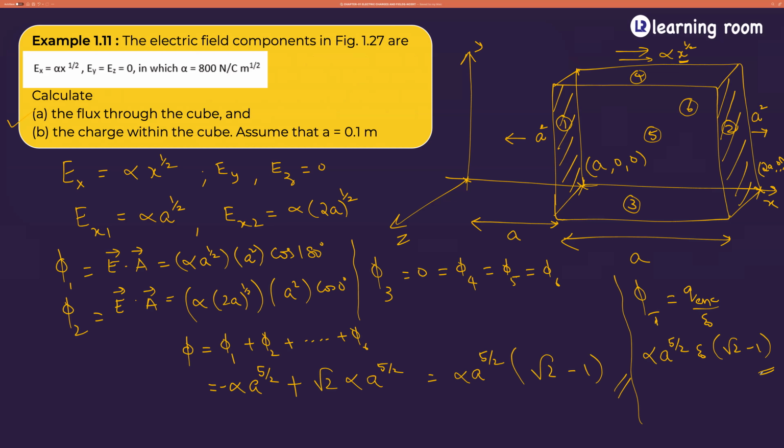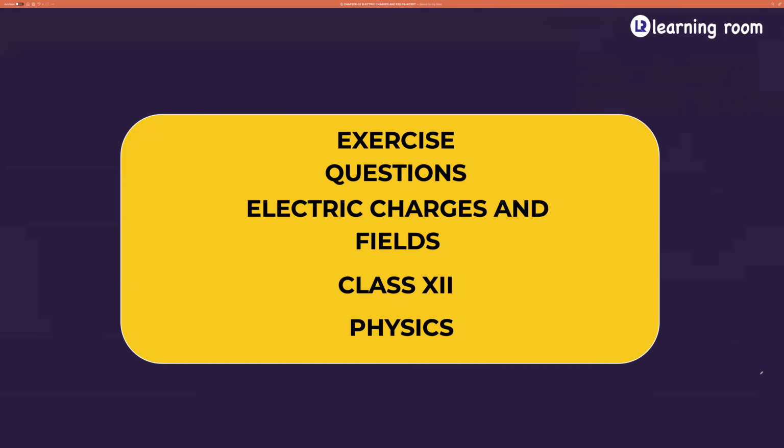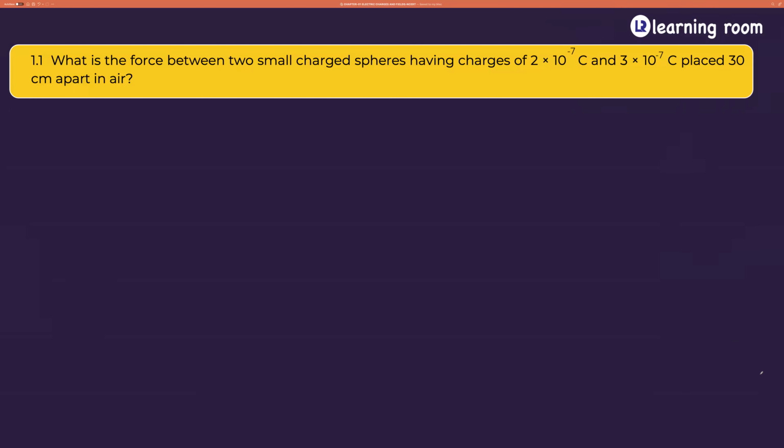Okay. So this is the first problem from the exercise. These are all very... You are still copying? Yeah, why are you so slow?